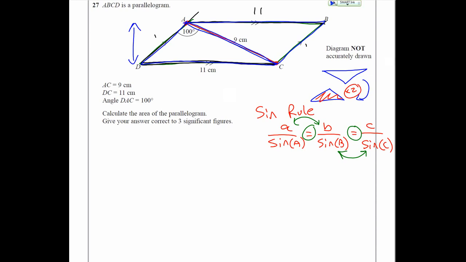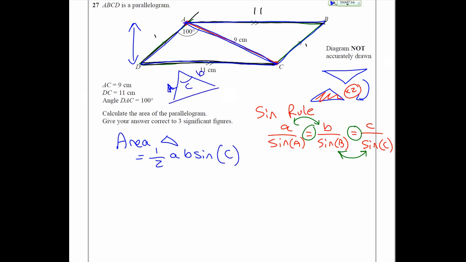The other formula that we just looked at is the area of a triangle is a half ab sine C, where a and b are any 2 lengths, and C is the angle in the middle, giving you the triangle. Okay, so let's look at what we've got. We've got this triangle here.